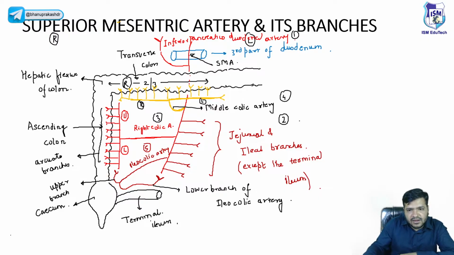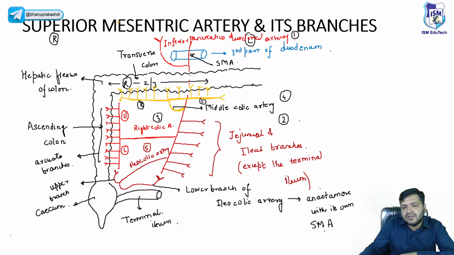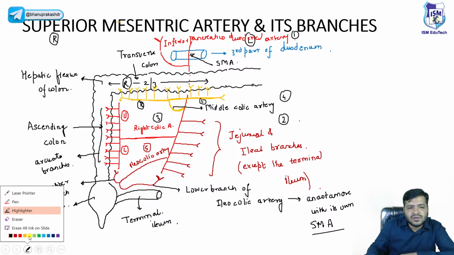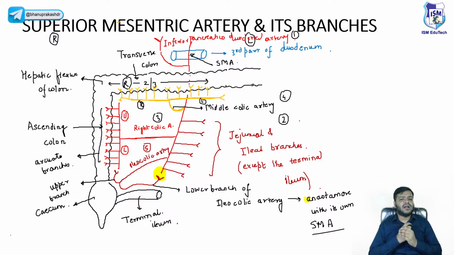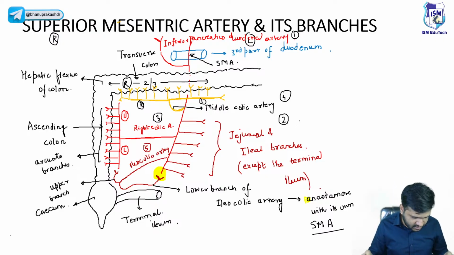And remember guys, that is the one which will anastomose with its own superior mesenteric artery. Anastomose का मतलब पता है ना, दो पॉइंट्स का मिलना. So you can very well see कि ये वाला जो part है, that is anastomosing with the superior mesenteric artery, that is the lower part of the ileocolic artery. इतना क्लियर है सब लोगों को?